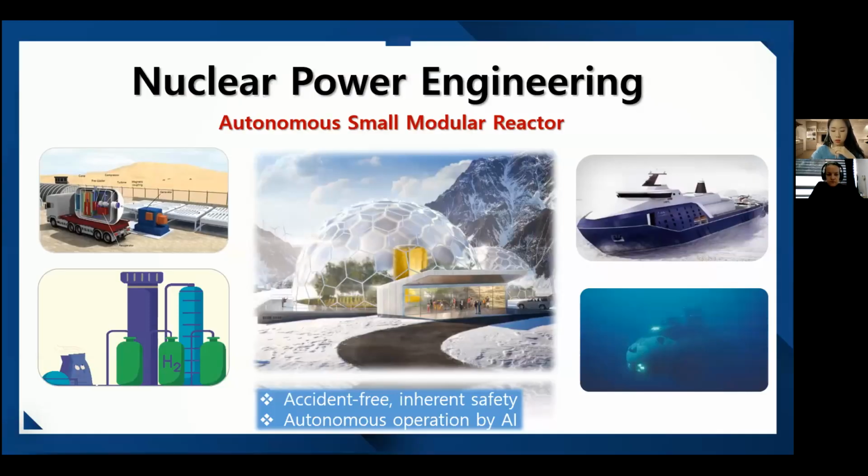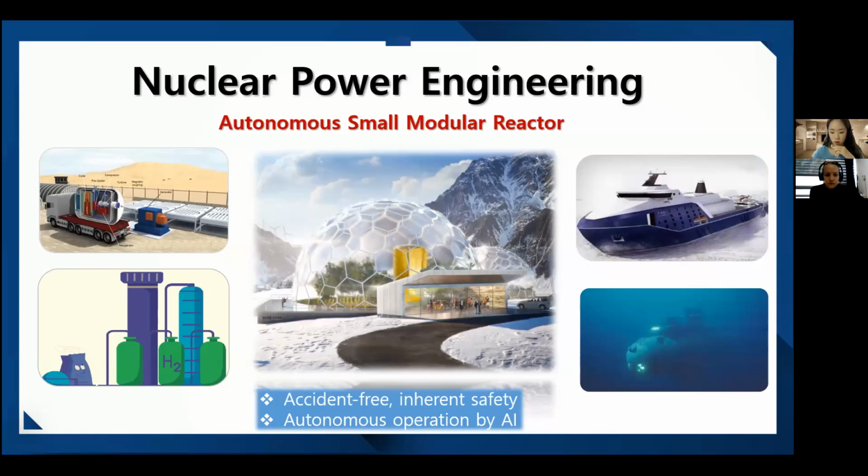nuclear power engineering. In nuclear power generation, there are many things to consider from the beginning to the end. Regarding the operation of nuclear power plants, there is research on safe operation, system design, and things like thermal hydraulics.